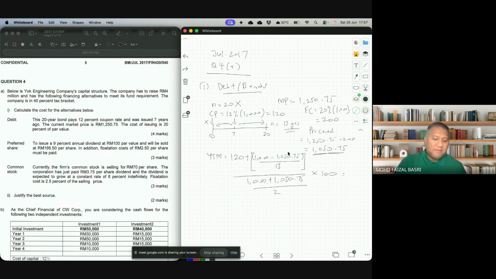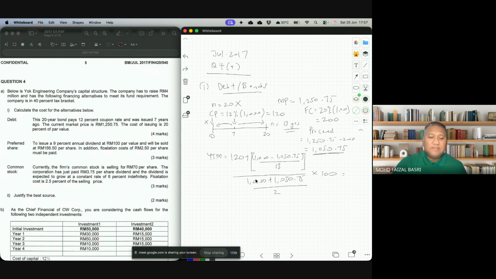Okay, but we divide it by 13. Kita bahagi 13. Then we left with negative 3 point something, and then we plus with 120. Okay, so kita solve the numerator, kita dapat 116.096.